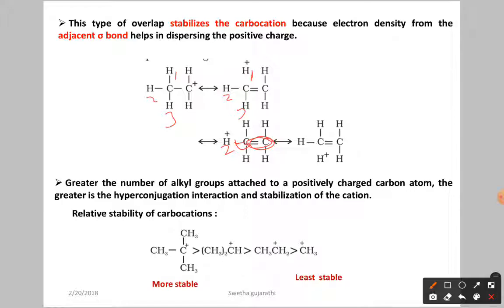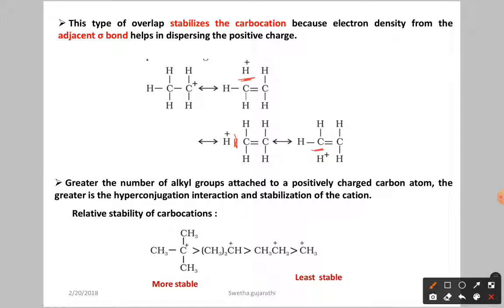Next, the third case. Now here first, second, third, now this bond is shifted. So because of that you get the double bond. Sometimes this hydrogen, sometimes this hydrogen, sometimes this hydrogen. So you are writing the resonance structures showing H plus on each resonance structure. Here you can see, by writing the structures, you are not writing any bond here, here we don't have any bond, here we don't have any bond.